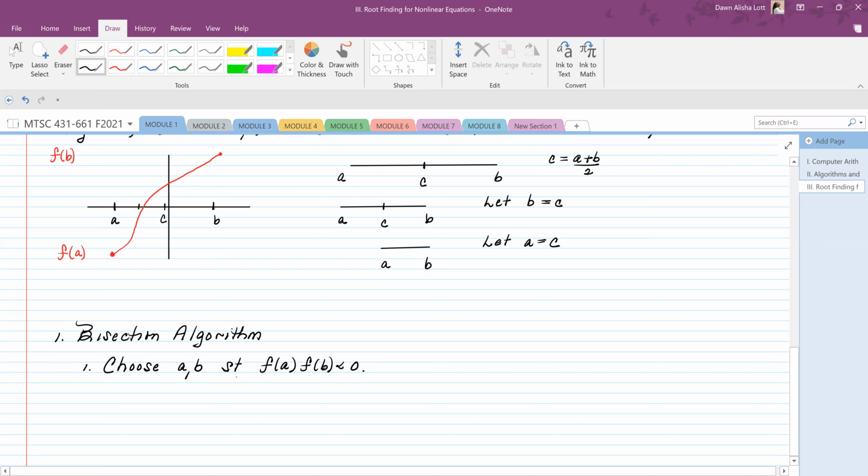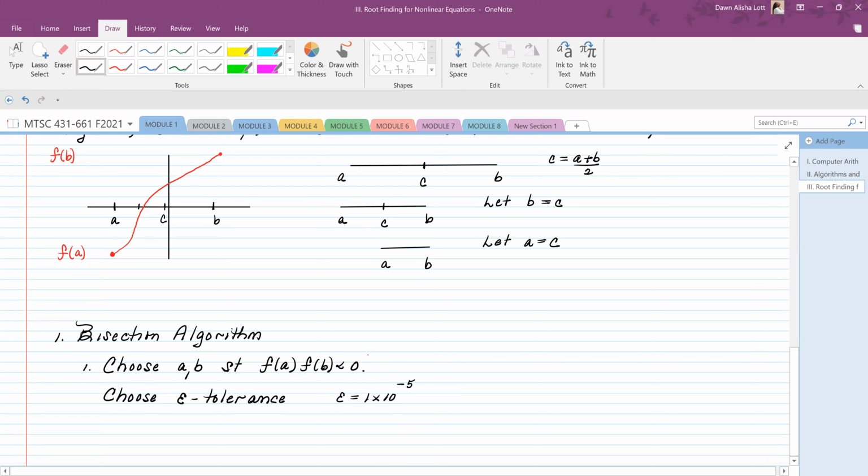I also need to choose an epsilon tolerance. Again, the smaller epsilon is, the more accurate my solution will be, but the longer my code will run. So we might make epsilon equal to 1 times 10 to the minus 5.